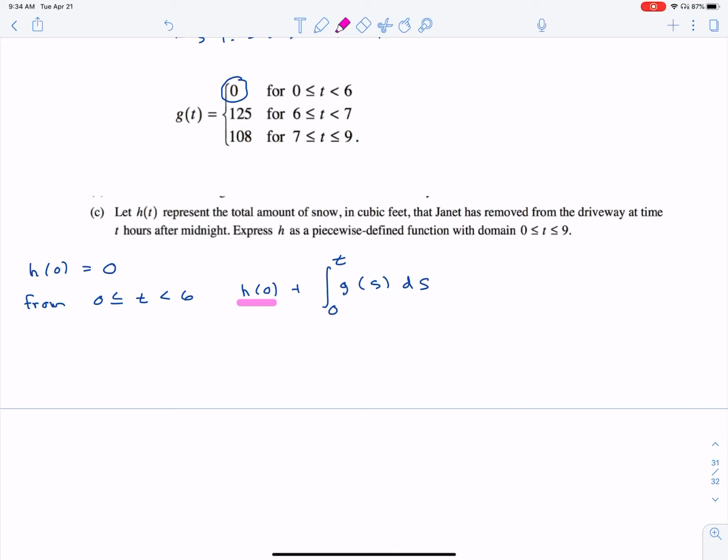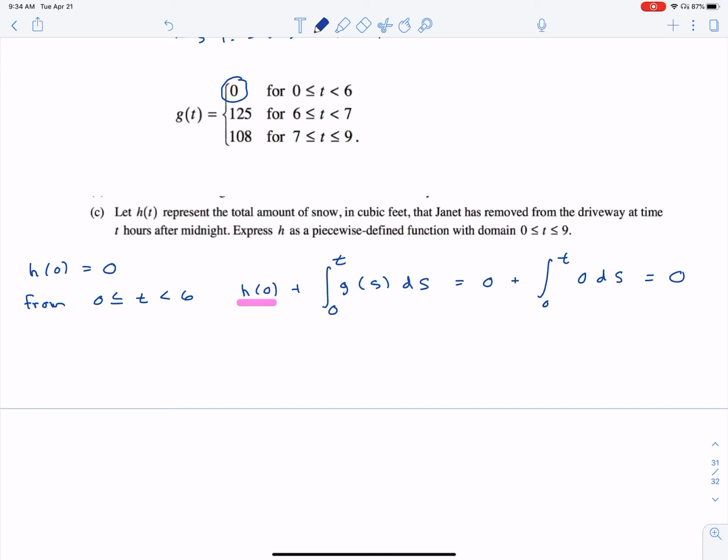So for that one, I think you'd agree, this is going to be equal to h of 0, which is 0, plus the integral from 0 to t, and our rate of change in this case specifically, g of t, is 0, ds. So this whole thing is going to be equal to 0.